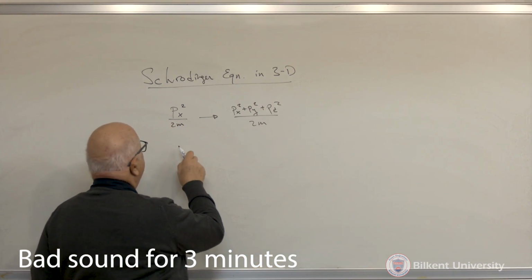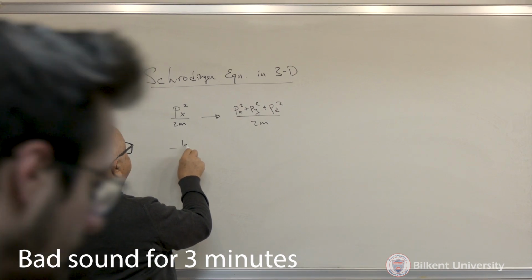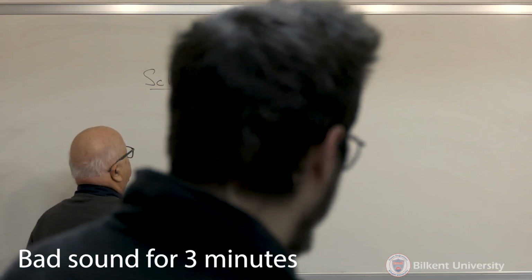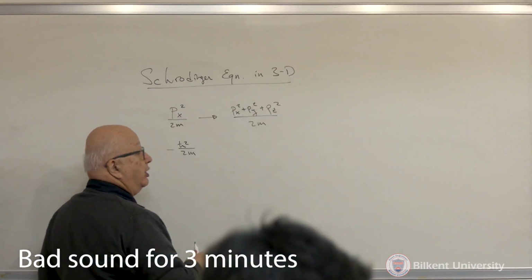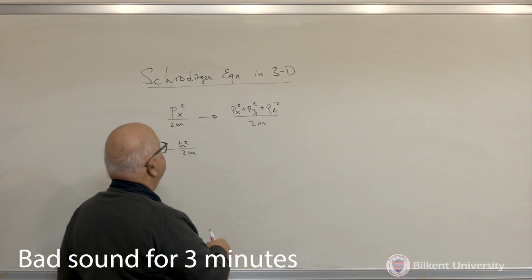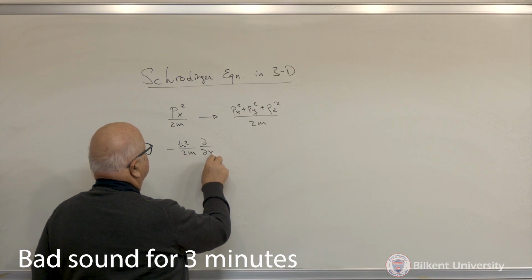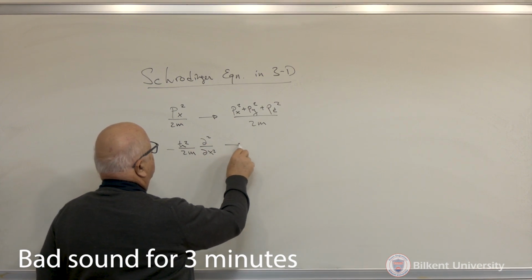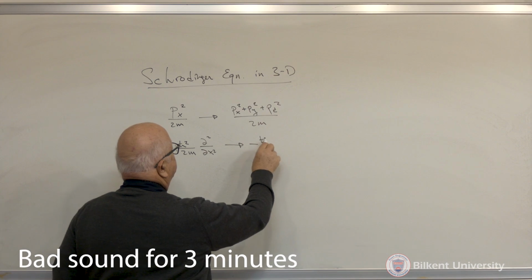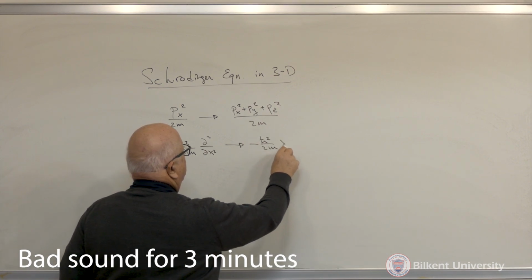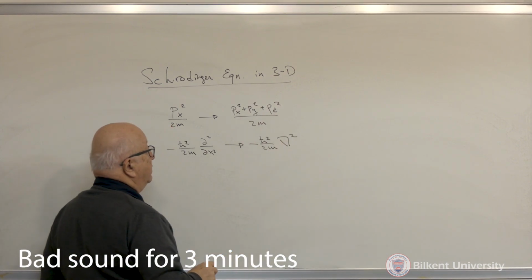And that means minus h bar squared over 2m times the second derivative. Del x squared now goes to minus h bar squared over 2m del squared, approximately.